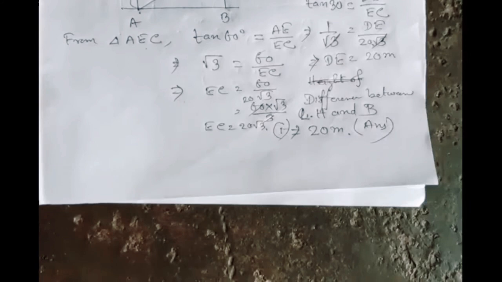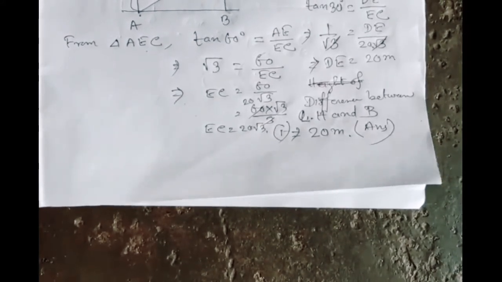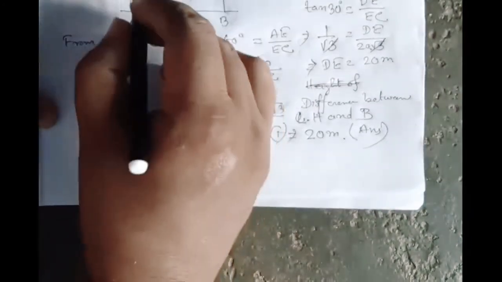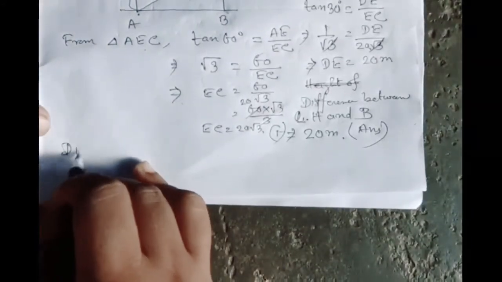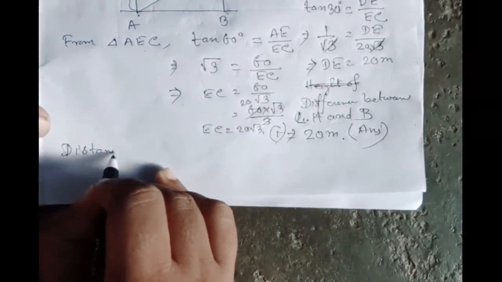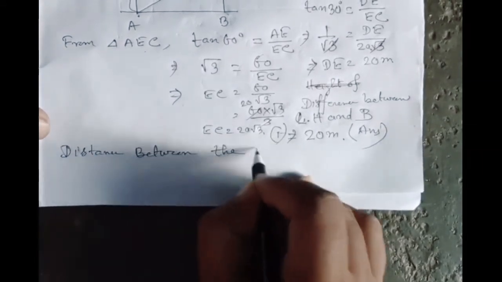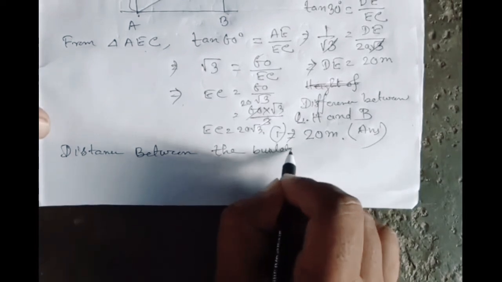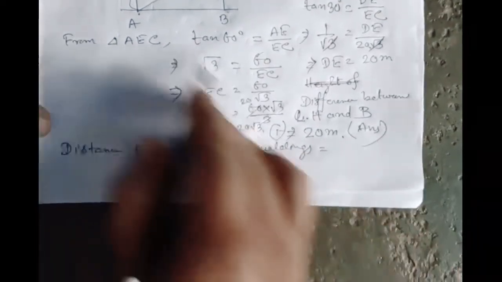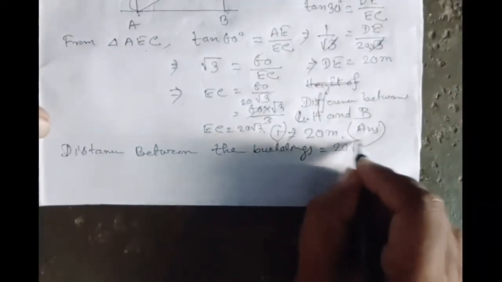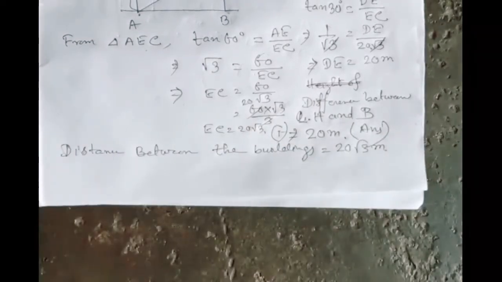Next, the distance between the lighthouse and the building. This is already done. The distance is EC. The distance between the buildings is equal to EC, means 20 root 3 meter.